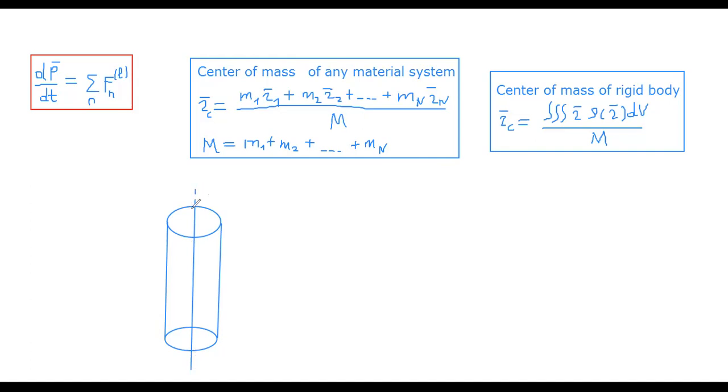I'll draw this axis with a dashed line. And so the center of mass of a homogeneous cylinder will be here. This is the center of mass. I can denote it by C.